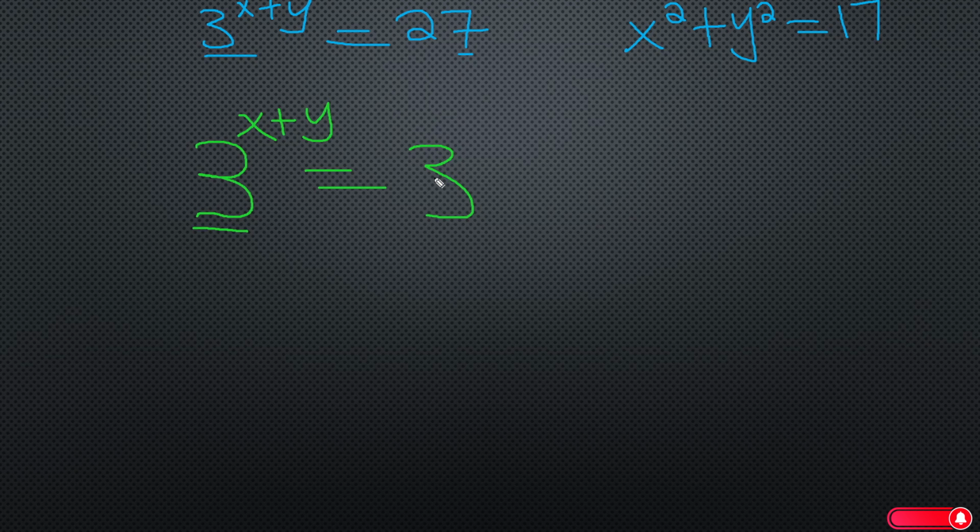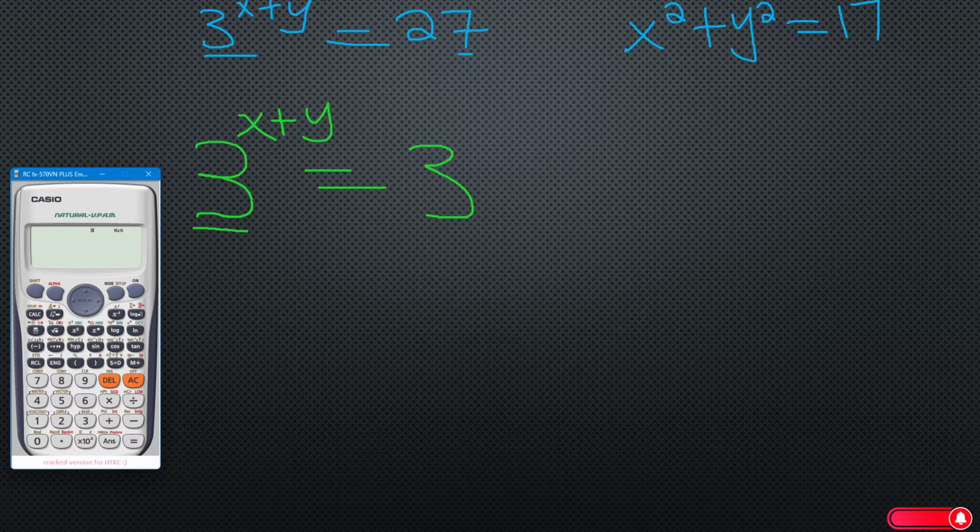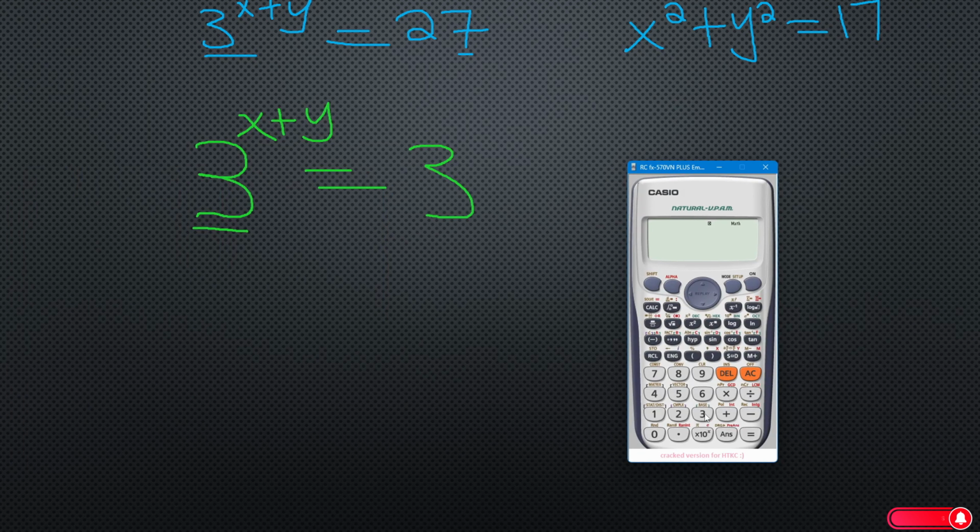So 3 to the exponent 2 will be 9. Let's check the calculator so that we can be certain about our answer. 3 squared will give us 9, and then if we go for 3 to the exponent 3, we're getting 27.